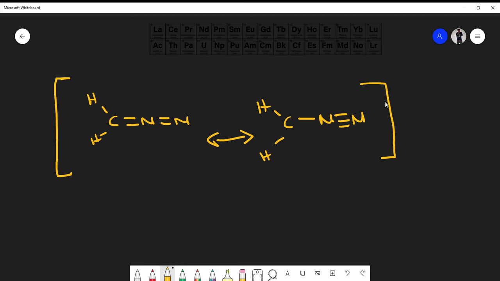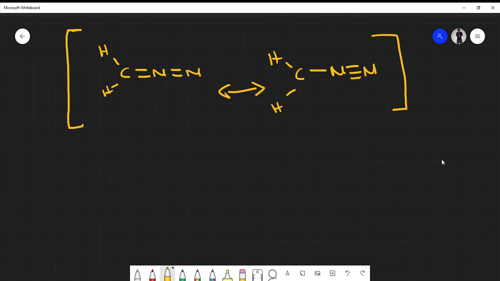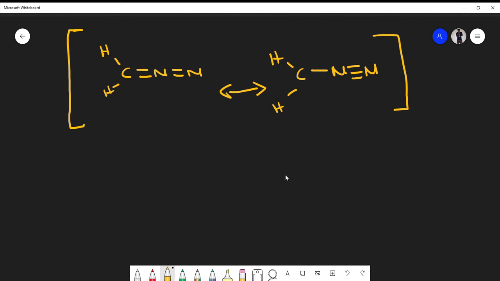And you're asked to calculate the formal charge of each individual atom, right? Well, right now, we know that we usually don't calculate formal charges for hydrogen. It just doesn't happen. However, we can calculate the formal charges of nitrogen and carbon.